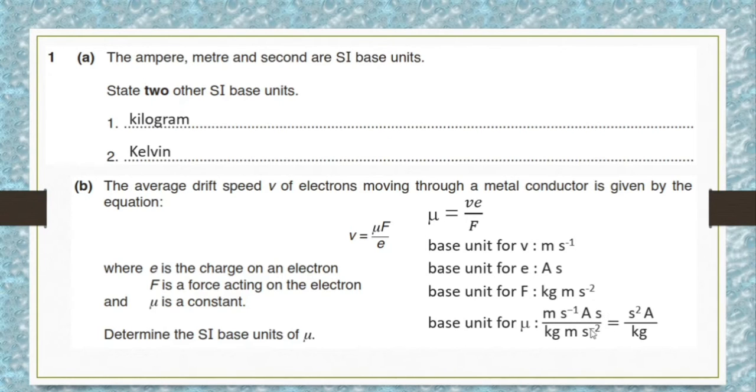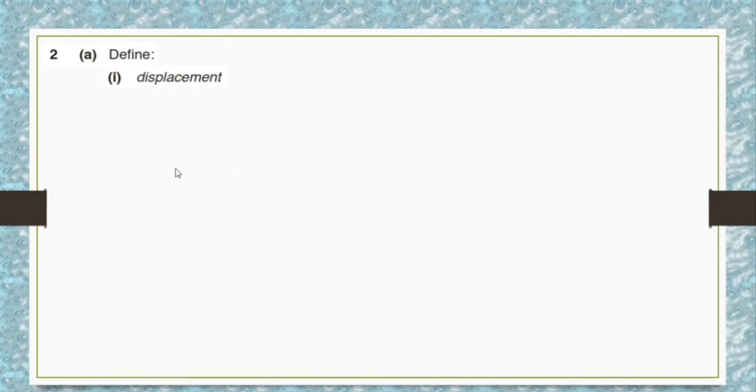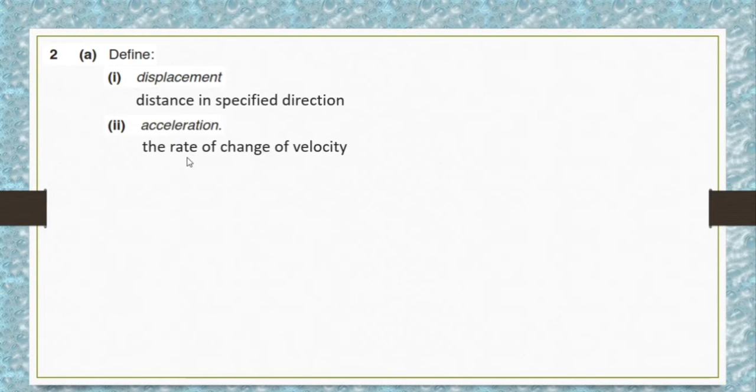So we will have s squared multiplied by A divided by kilogram, or you can write it down as s squared A kilogram to the power of minus 1. Number 2, A, define displacement. Displacement is distance in specified direction, and acceleration is the rate of change of velocity.